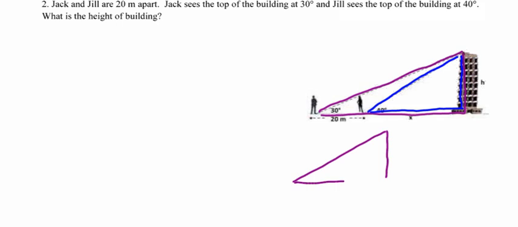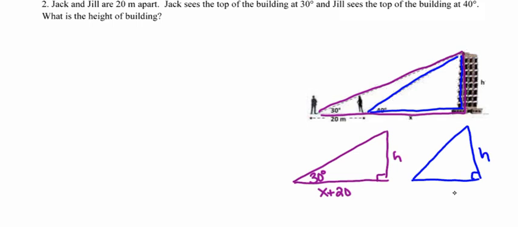In my purple triangle, I've got h, the height of the tower, that 30-degree angle of elevation, and the whole horizontal piece of my purple triangle is x plus 20. My blue triangle, on the other hand, still has that same vertical distance of h, but this time my horizontal distance is x and my angle of elevation is 40 degrees.